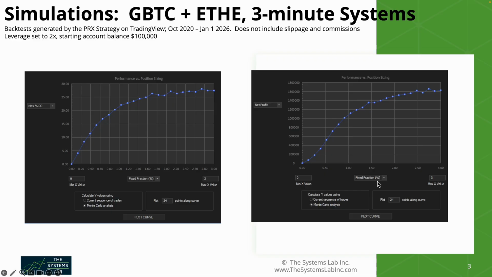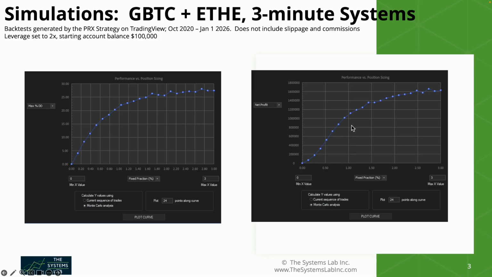Over here on the right, we have fixed fraction position sizing again on the horizontal axis, but now we have net profit on the vertical axis. So this allows us to say, well, if we're going to have this much of a max drawdown, what would our net profit be? And here we're starting with an account balance of 100,000, hypothetical account balance.